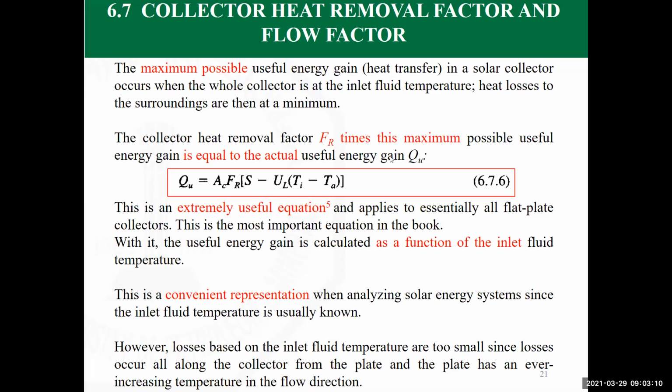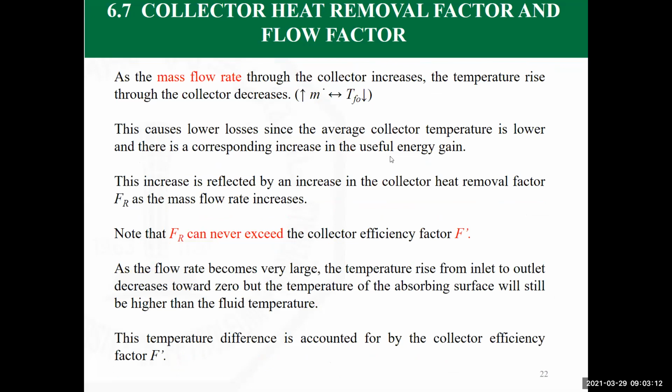The temperature increases in the flow direction, definitely, as the mass flow rate through the collector changes, and this is a direct expression of what we call the enthalpy equation.